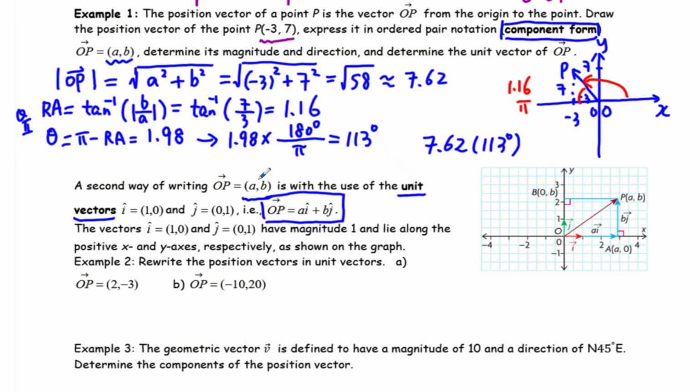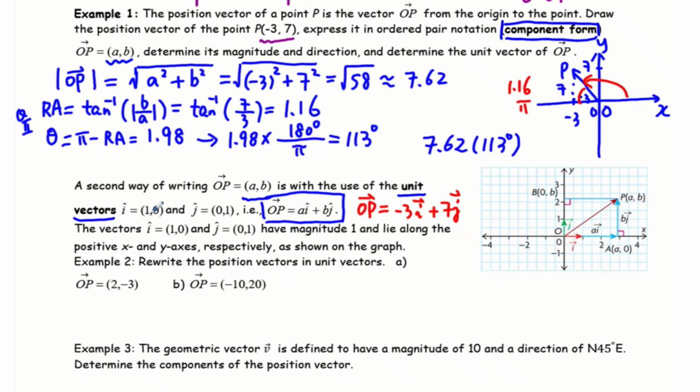For this one, we could write OP in unit vectors: OP equals A is -3 in the x direction plus 7 in the y direction. So this is another notation, we could use unit vectors to write it.